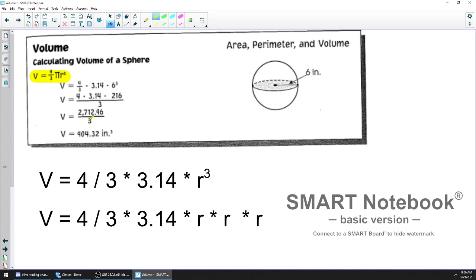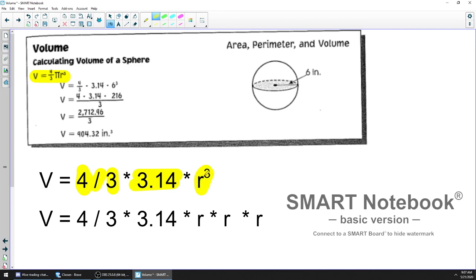So let's break it down just a little further to make it as simple as possible. So we said 4/3 is the same as 4 divided by 3. I have pi right here, which is 3.14, and r cubed.